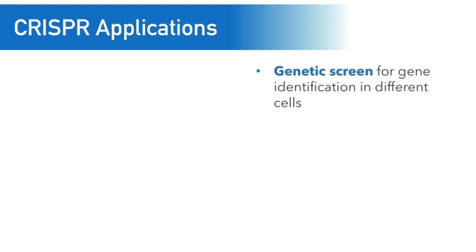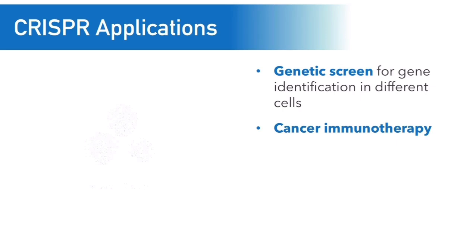Now we move on to the potential applications of CRISPR technology, which has only widened ever since Jennifer Doudna and Emmanuelle Charpentier emphasized the possibility of using CRISPR for genome editing in humans and other animals. The potential scope of application of CRISPR includes its use as a genetic screen to identify genes in different cells. One of the prominent applications is in cancer immunotherapy.